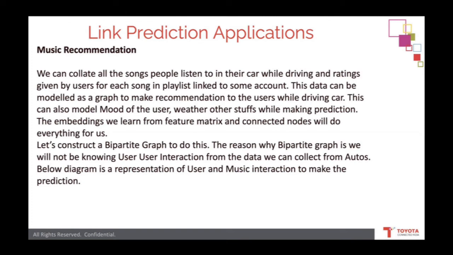area of expertise is. We can collate the songs that people listen to in their car, and also collate the ratings that people have given to each song through some account, or if the car company itself provides an account for managing the playlist, we can collect the rating information from that account. This data can be used to construct a matrix.